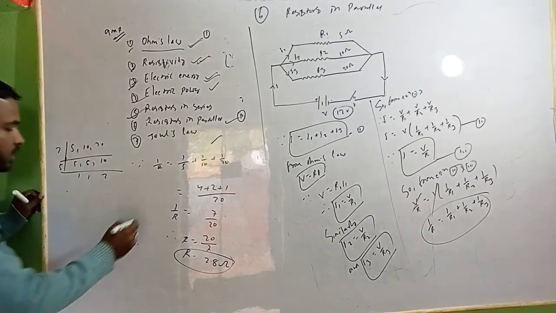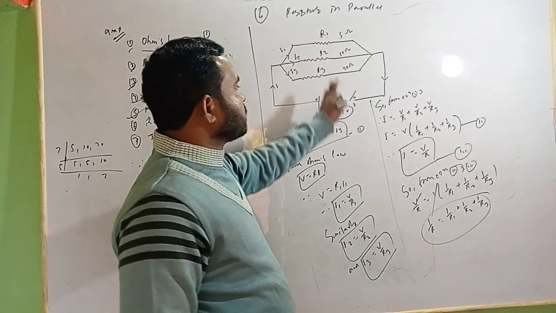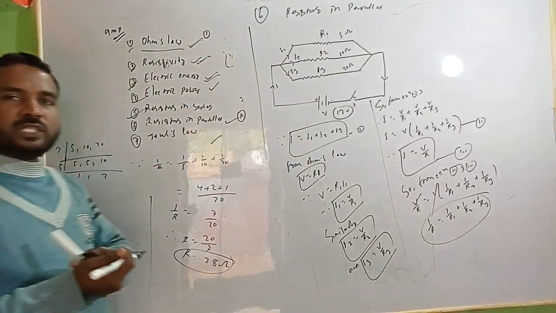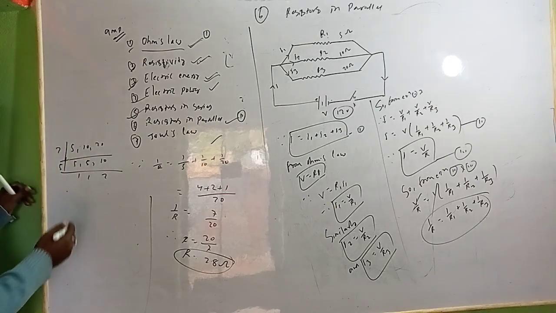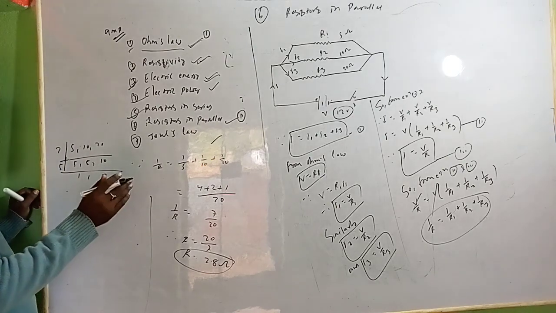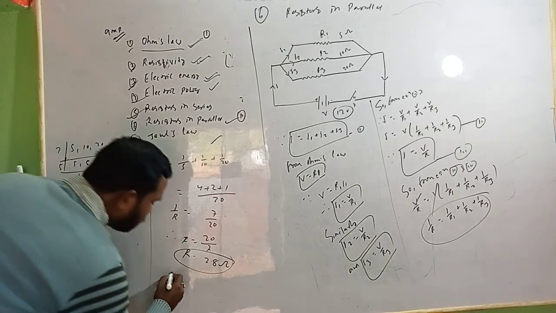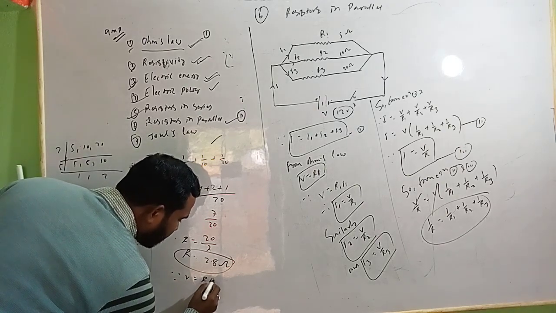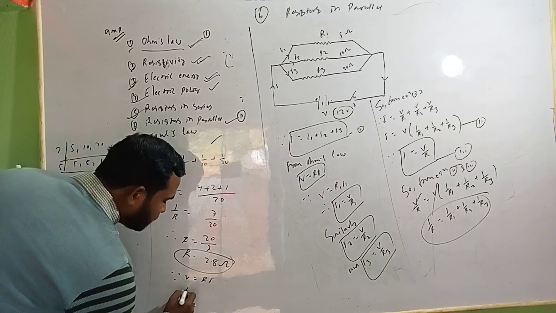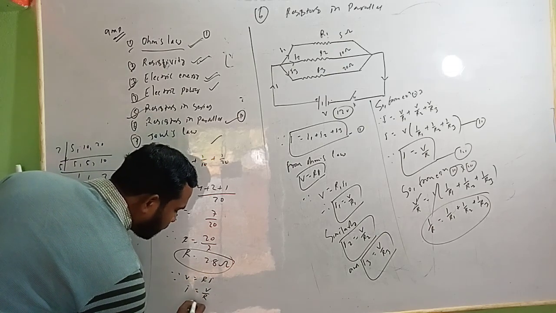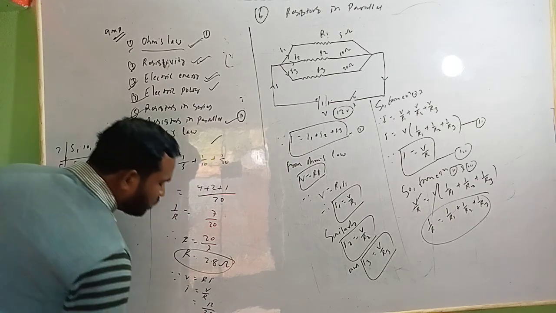Very good. Now come to the next point. Suppose we have these and the potential is there, but what is the current passing through them? You can find the total current, and also the individual currents. Since V is equal to Ri, therefore I is equal to V by R. V is 12 and R is 2.8.